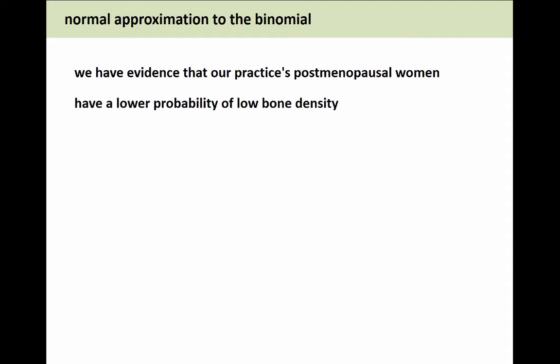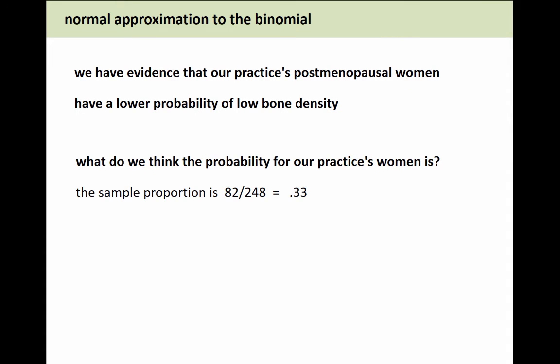So what we're going to conclude is that we've got evidence that our practice's postmenopausal women have a lower probability of low bone density. What do we think the probability for our practice really is? Well, the sample proportion, 82 out of 248, is about 0.33.